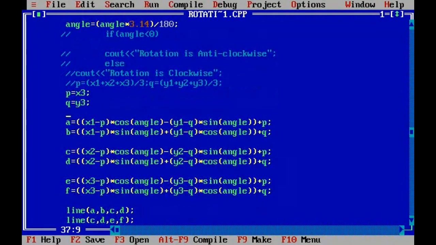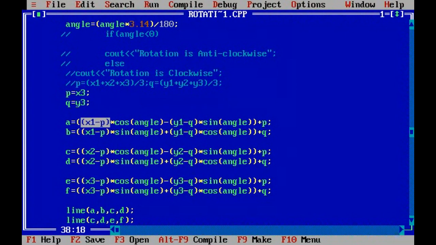Now, I told you A, B, C, D, and E, F are the new coordinates of the triangle after the rotation. Now, how are the values of A and B calculated? The values of A and B are actually calculated in 3 steps.